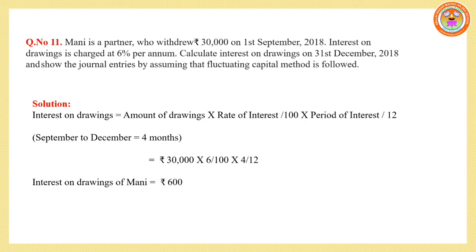So period of interest 4 by 12. 30,000 amount of drawings, rate of interest 6 by 100, into period of interest 4 by 12. Simplify this and we get interest on drawings of Mani rupees 600. Clear? So we have to pass journal entries for this interest on drawings of Mani.